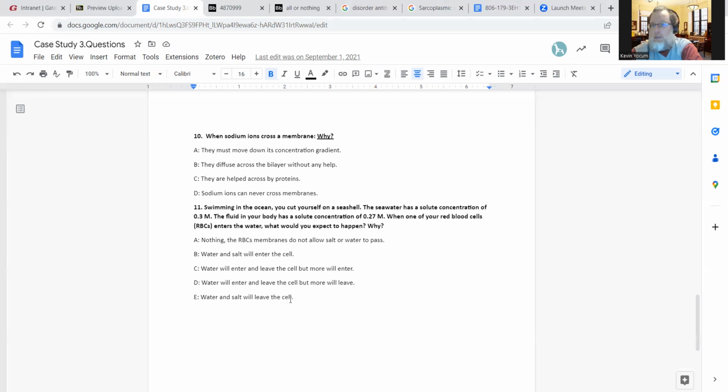Water and salt will leave the cell. Maybe, but we don't have it for sure. Water will enter and leave the cell. Yes, we know that's a fact. More will leave versus more will enter. Remember, more is going to leave the cell because water goes to where there's a higher amount of sodium.